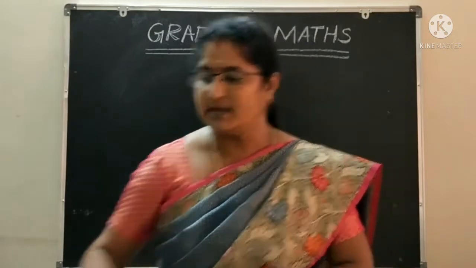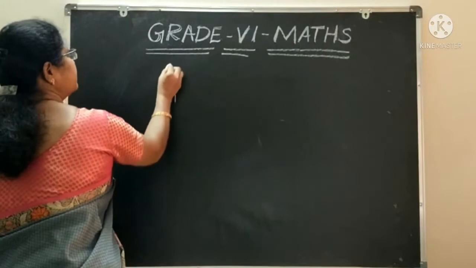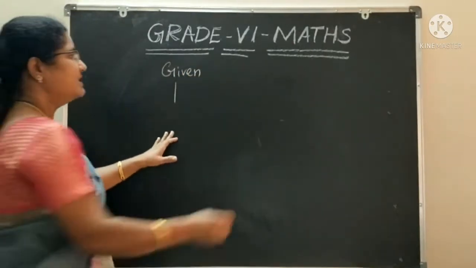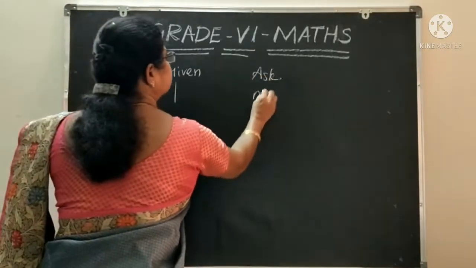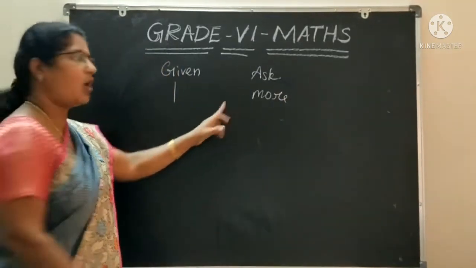If they give the value of 1 item, and the question asks for more, how much?